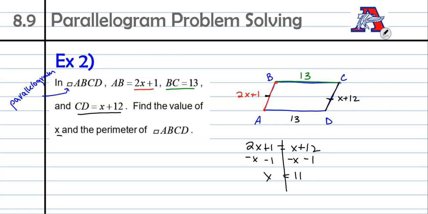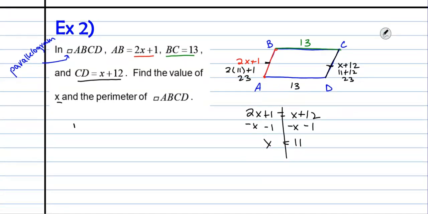All right, if we substitute that back in, we have 2 times 11 plus 1. 2 times 11 is 22, and 22 plus 1 is 23. Then let's try it over here. We have 11 plus 12, which is also 23. So that's awesome. We did get our left to be equal to our right. We had our top equal to the bottom. So now for perimeter, perimeter is just add up all your sides.